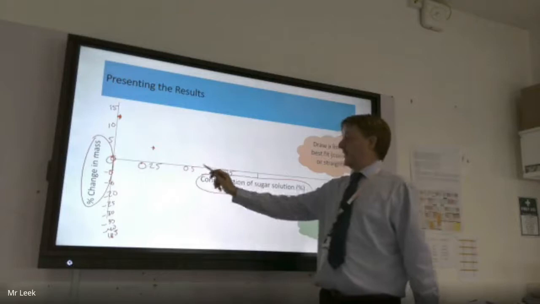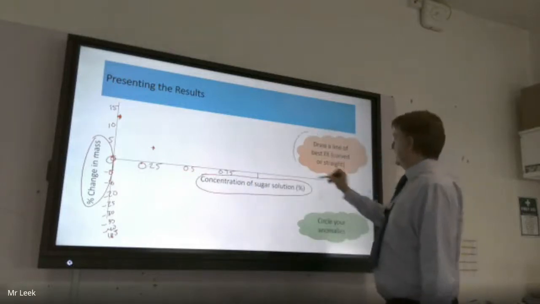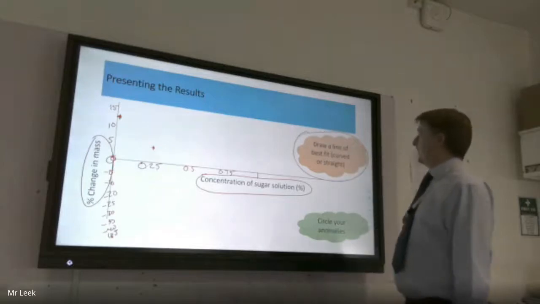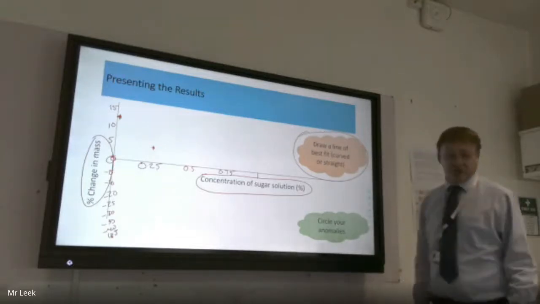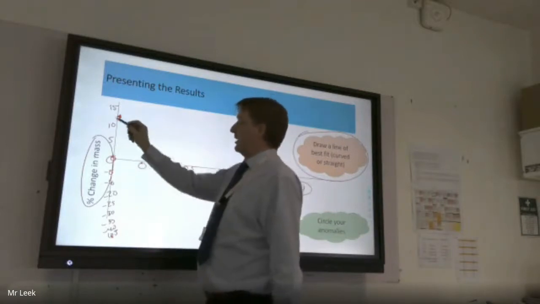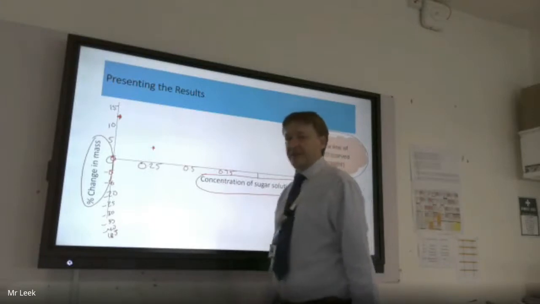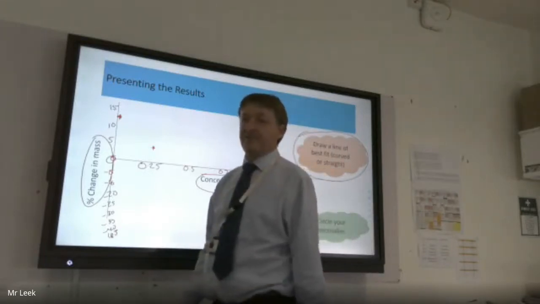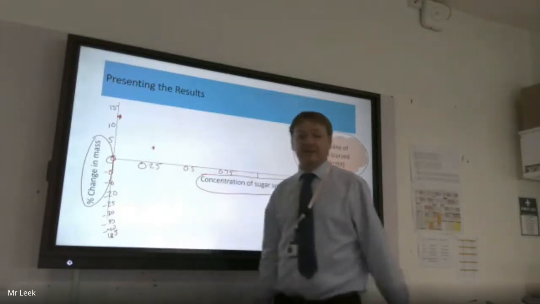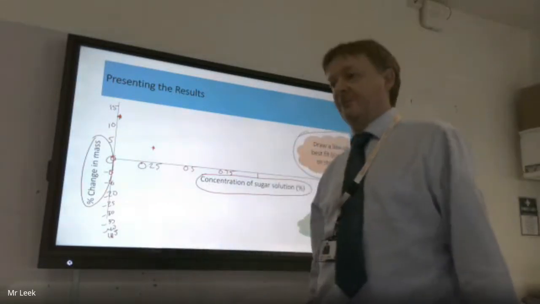Then you do 0.5, 0.75, and 1. Here, draw a line of best fit, curved or straight. What you need to do is get a ruler over the top and then draw a line through as many of the crosses as you possibly can. And once we've done that, then it's going to be the end of the lesson.